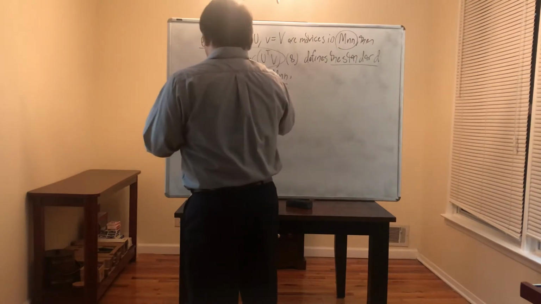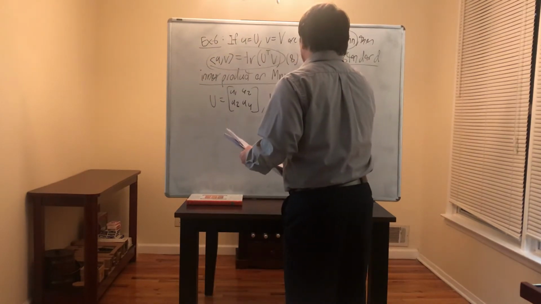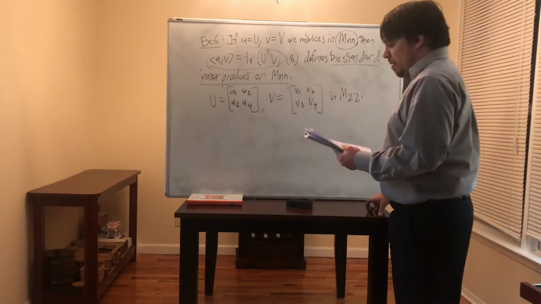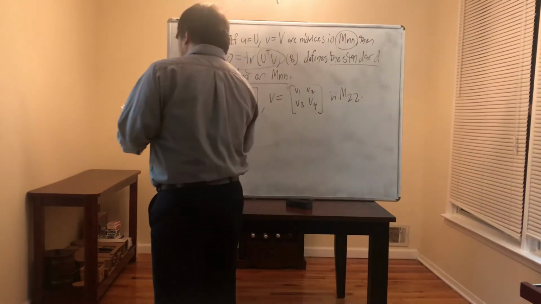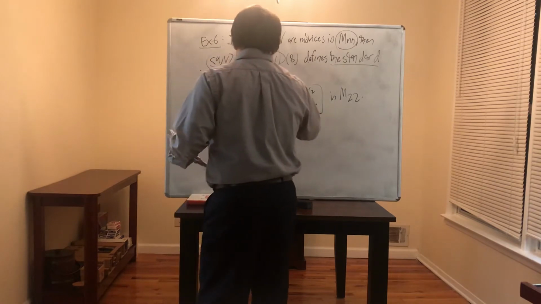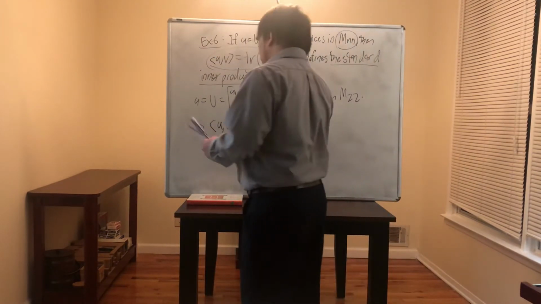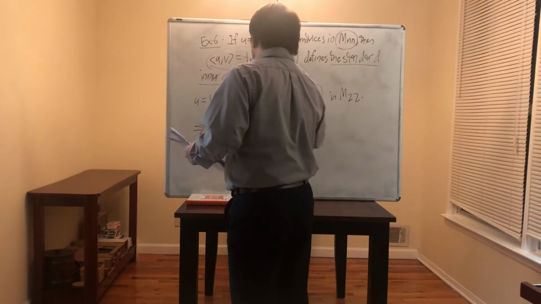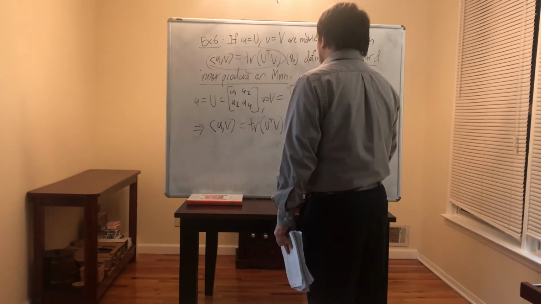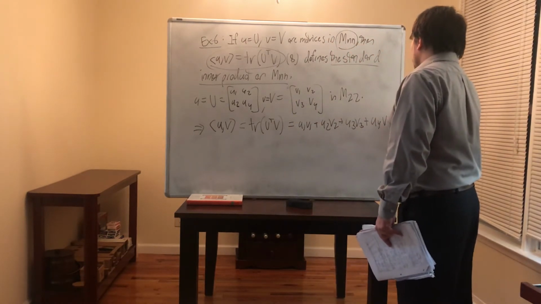If capital U is this matrix, and capital V is this matrix, with those little v's as components, and those two are vectors in capital M sub n, then the inner product between U and V, using the standard inner product, is equal to the trace of U transpose V. But what that turns out to be is U1 V1 plus U2 V2 plus U3 V3 plus U4 V4.